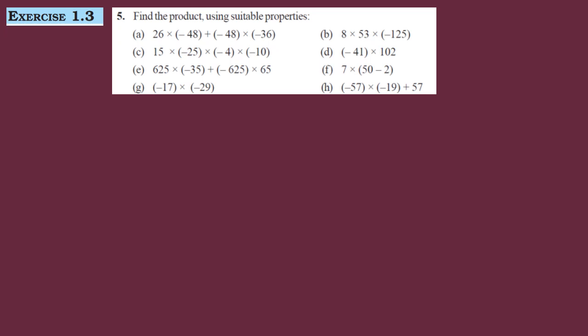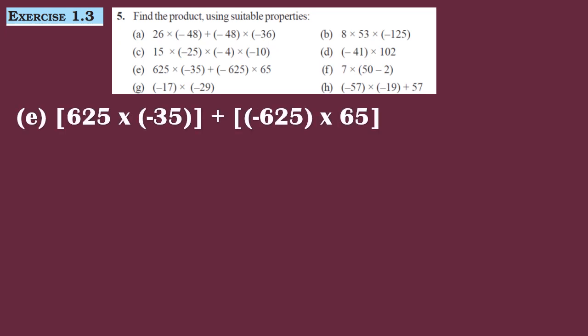Next one. 625 into negative 35 plus minus 625 into 65. So here if 65 is taken as common, here it is negative. Suppose if you take negative 625 as common, then here it is positive. So what to do?